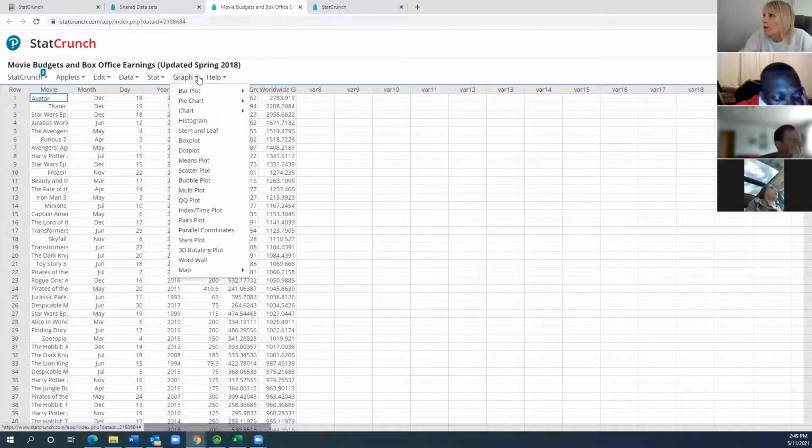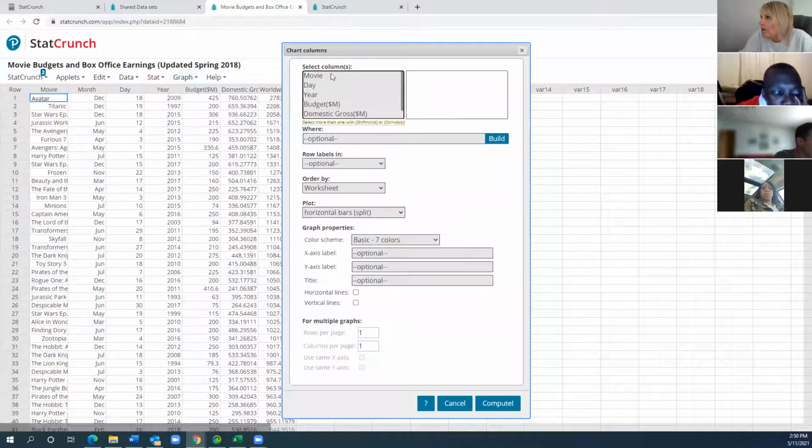Where is my? I'm fairly sure we did this with the bar, but maybe it was in chart and columns.